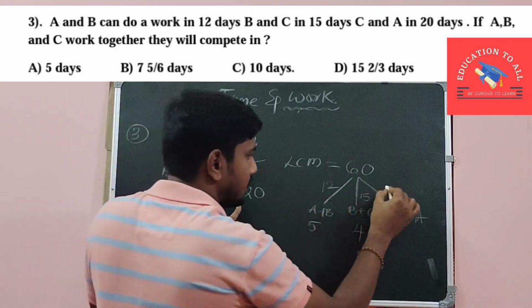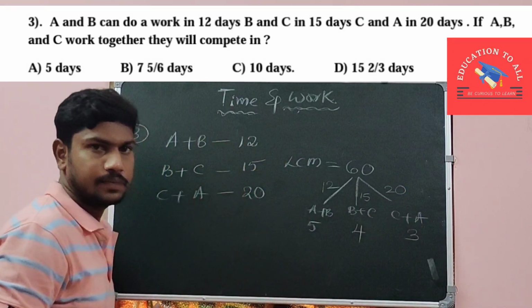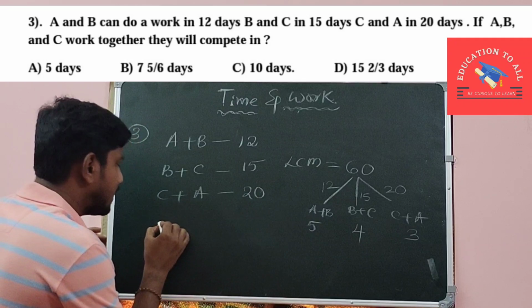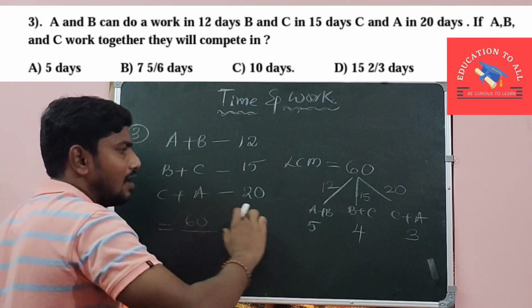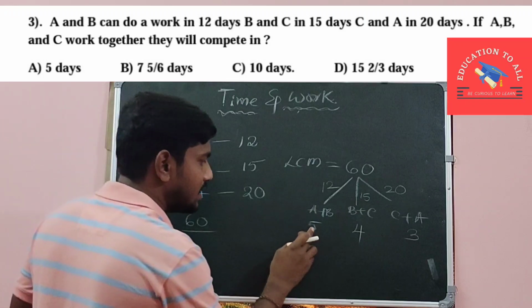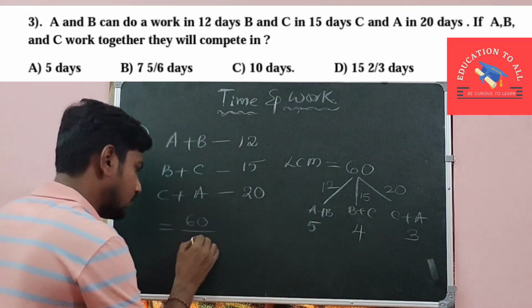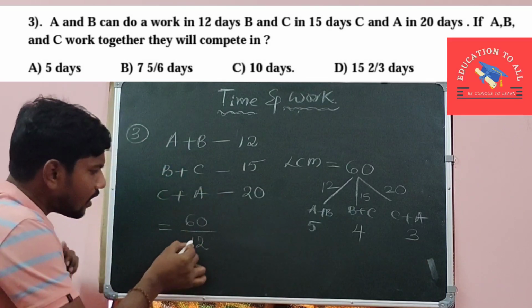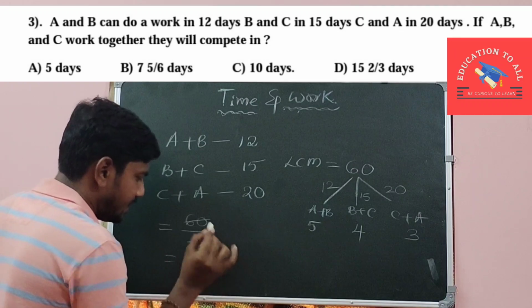C plus A works in 20 days, so it cancels 3 times. The required answer is 60 divided by the total working together: 5 plus 4 is 9, 9 plus 3 is 12. So 12 in 60 cancels 5 days.